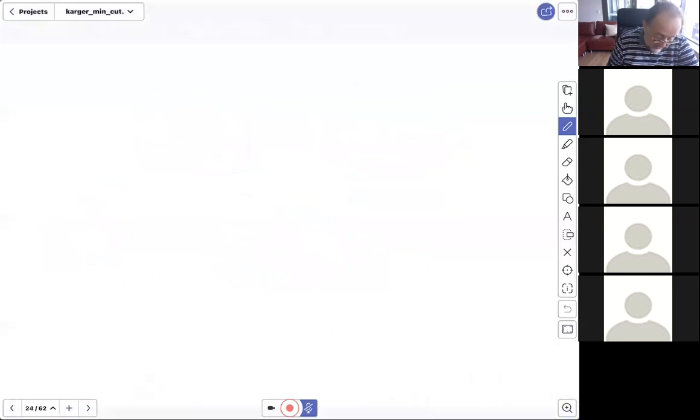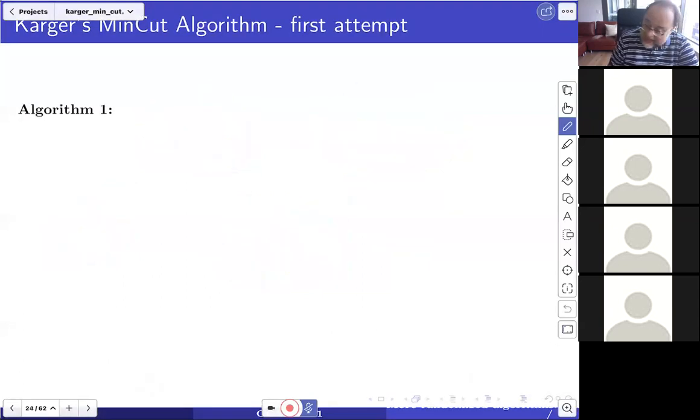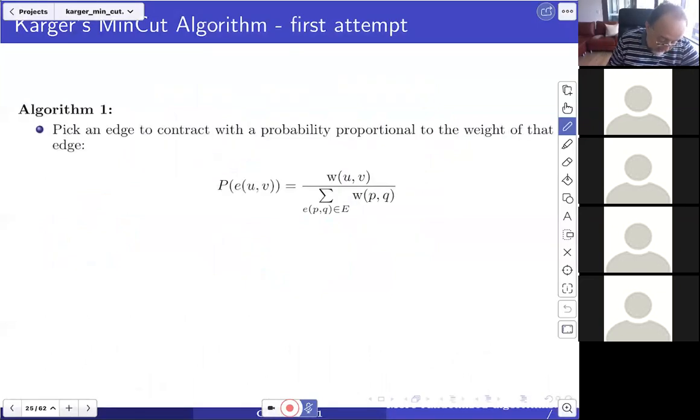So what does the first attempt of the algorithm do? Well, it says the following: pick an edge to contract with a probability proportional to the weight of that edge. So you take the weights of all edges, right? And you normalize them by dividing them with the sum total of the weights of all edges in the graph. This is clearly a number for every edge.